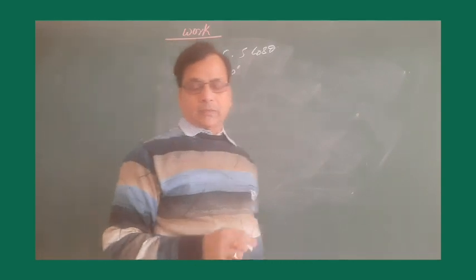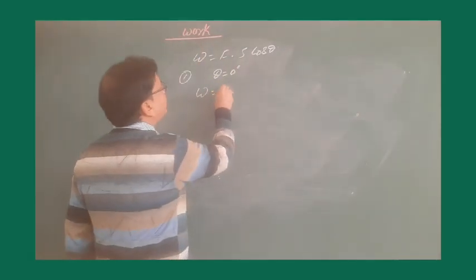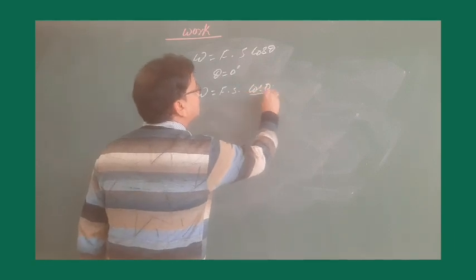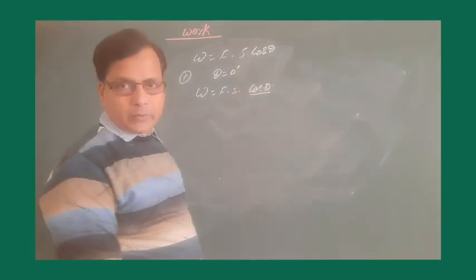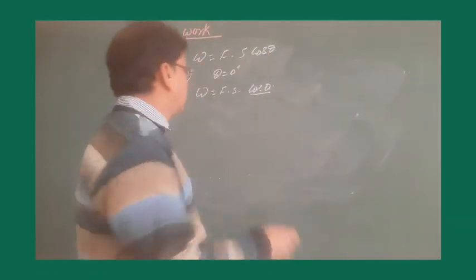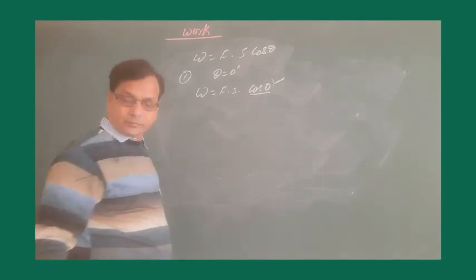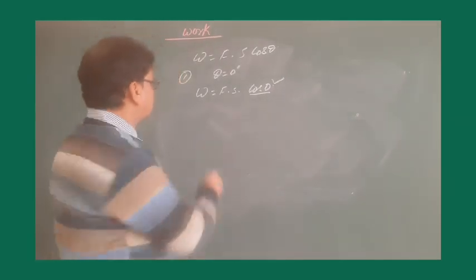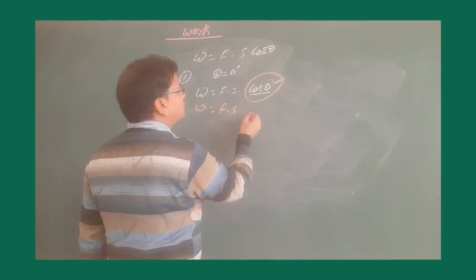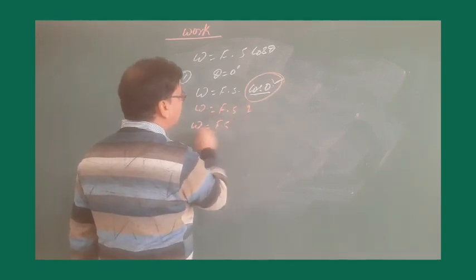Then in this case, W equal to F into S cos 0, and we know that the value of cos 0 is 1. Then W equal to F into S cos 0, which is 1, and W equal to F into S.